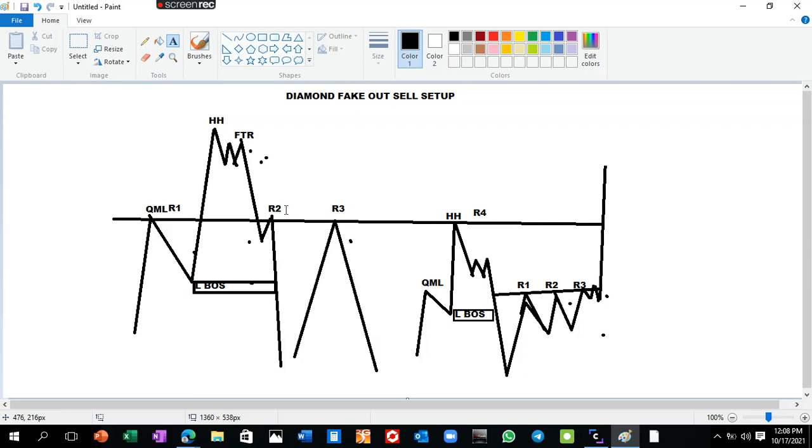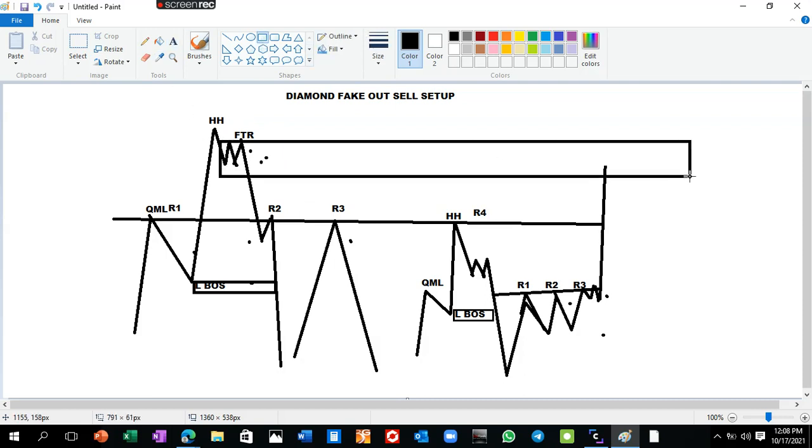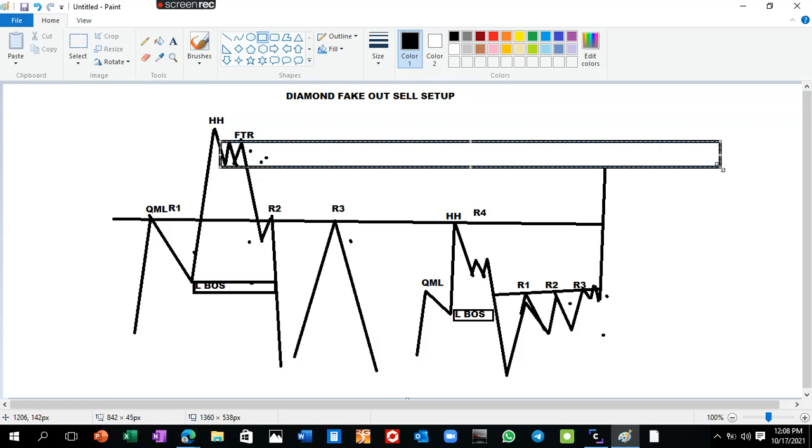Okay, so instead you go to a higher time frame and look for the QML on the higher time frame. In this particular case, this level here would have been our fresh supply zone right there. And then you want to make sure that when price comes to this level, it comes in a compression, something like a rising wedge. You want the momentum to be reducing as the market is coming to this level. So after this, we usually expect something like a breakout.